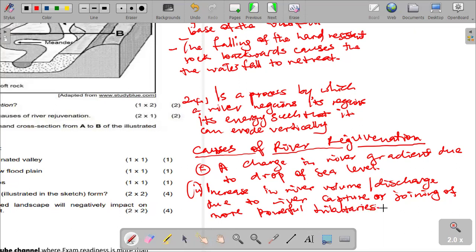When powerful tributaries join the main stream, the stream is able to increase its energy. So a change in gradient is a cause of river rejuvenation.